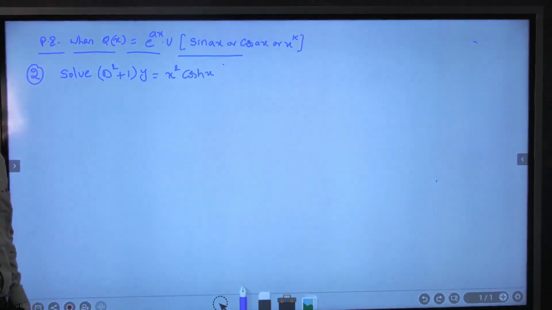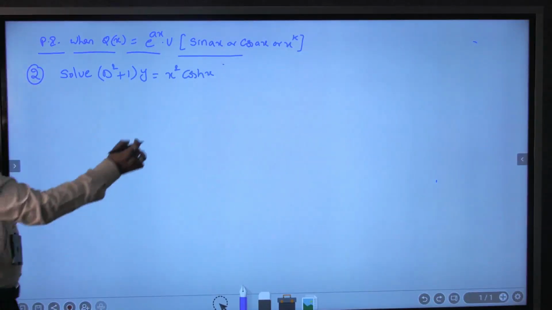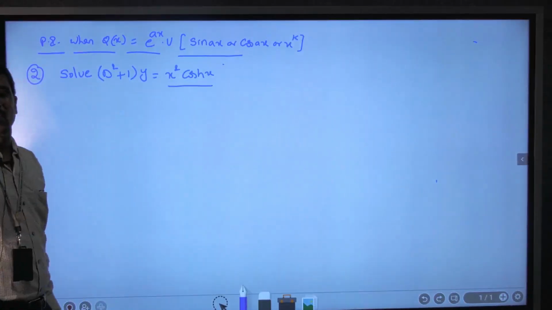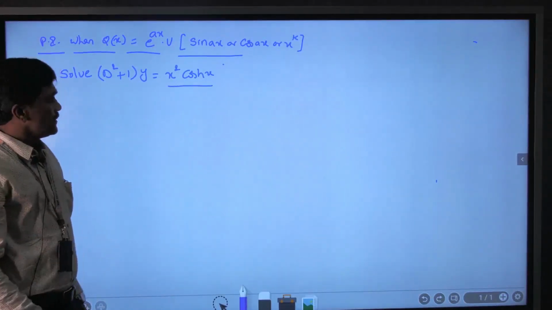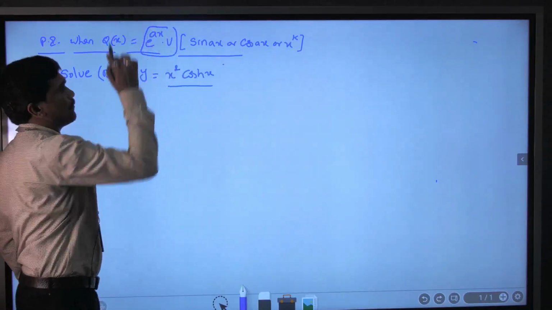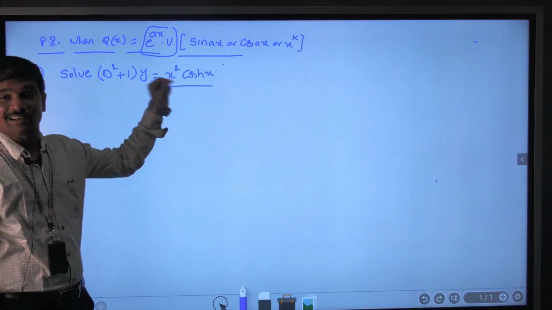This is our problem. So what is q here? Q is x square cos hx, but the form we know is e power ax into v, and here we have only x square cos hx.